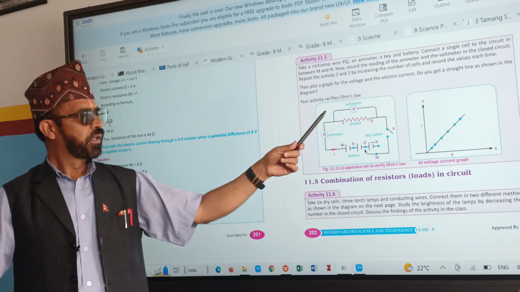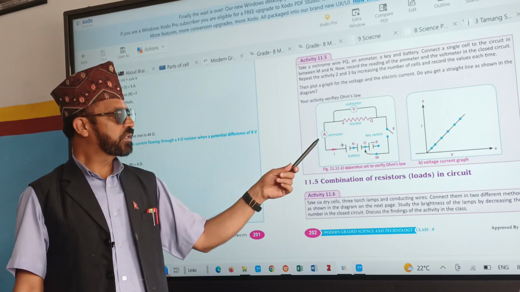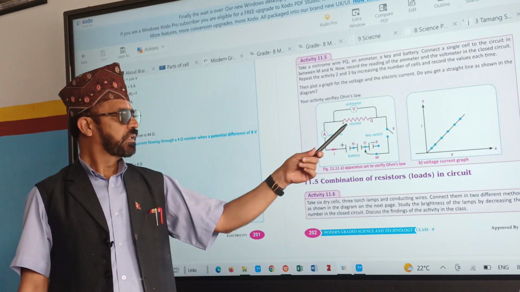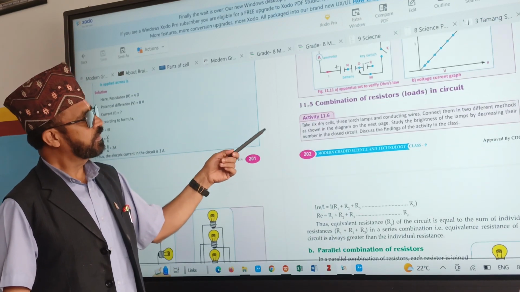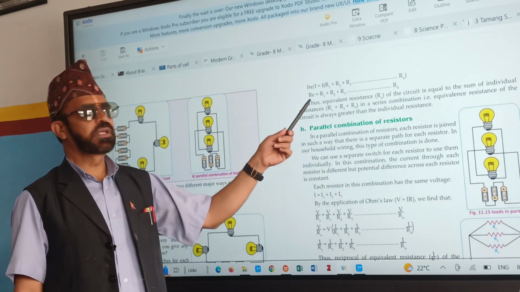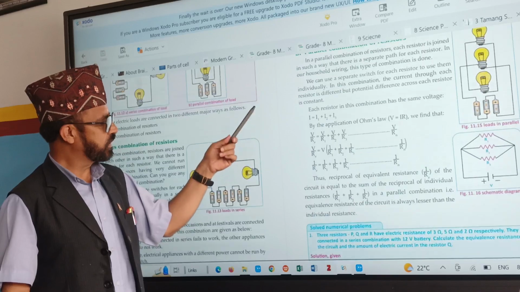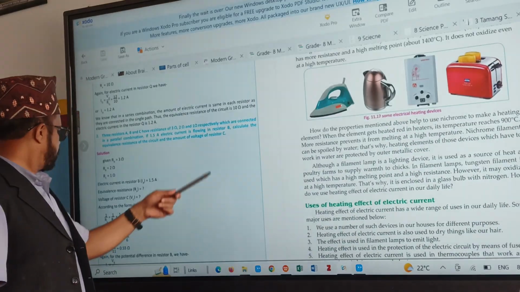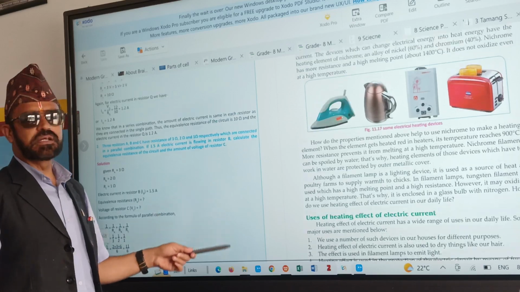Yesterday we discussed that a voltmeter is connected in parallel connection and an ammeter is connected in series connection. Parallel connection, what is this? Series connection. And then combination of resistors or loads in circuits. And some formulae are also there. Check it. And parallel connection. Then I think the heating effect of electricity. Okay, that is there.